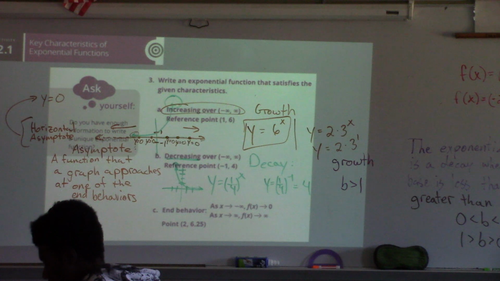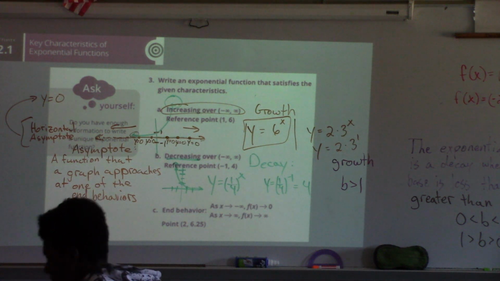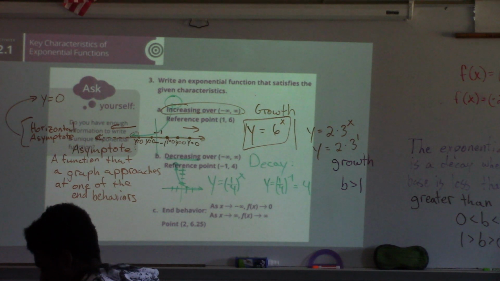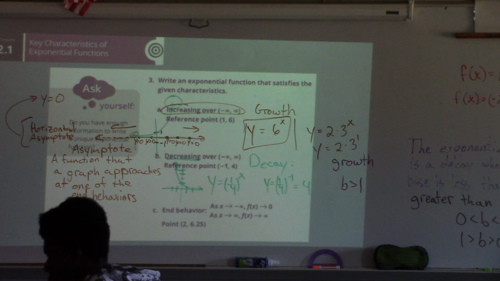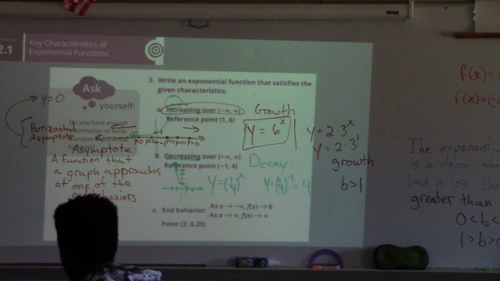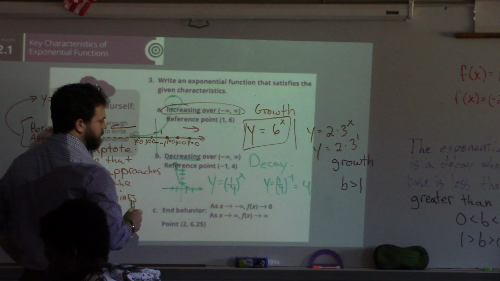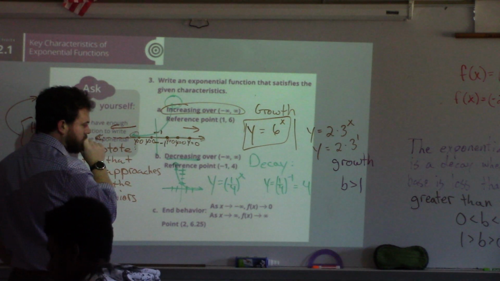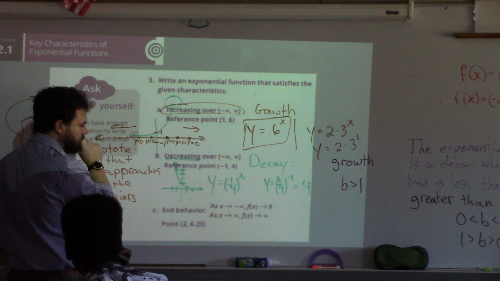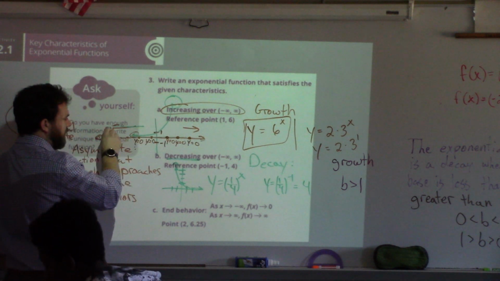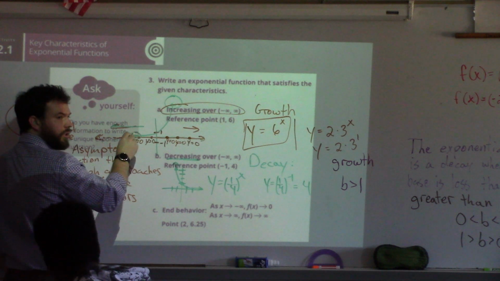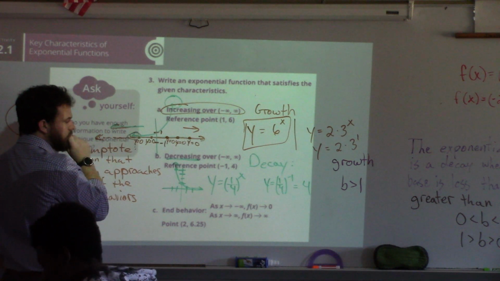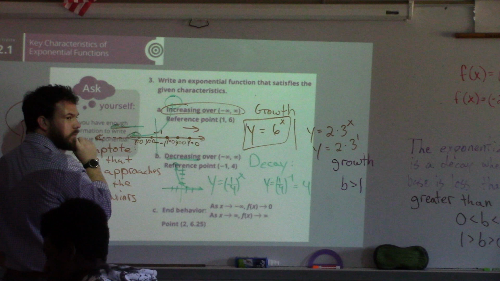On C and D, it doesn't tell us that it's increasing or decreasing, but it gives us end behavior. What do you think that end behavior is telling us? Do you think it's increasing or decreasing? Increasing. Why? It said as x goes from negative infinity to 0, as x goes to negative infinity, my y is going towards 0.